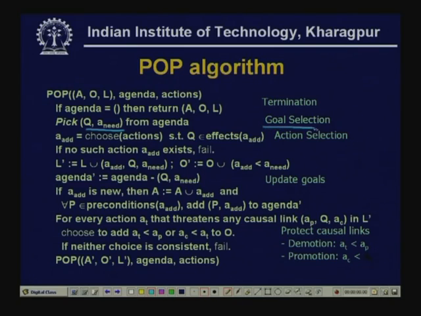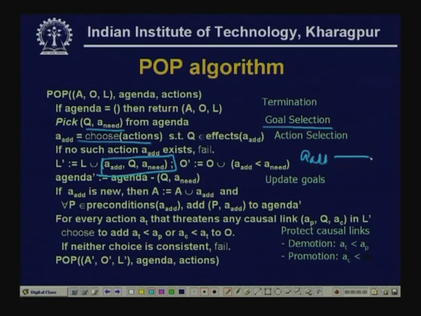So, we select our current goal. Then we choose an action which achieves this effect Q. If there are several such actions, this is a choice point. If there is no such action, of course, the search will fail. And then we say L dash equal to L union A add, Q, A need. So, L is the set of causal links. We add the causal link from A add to A need on Q to L.